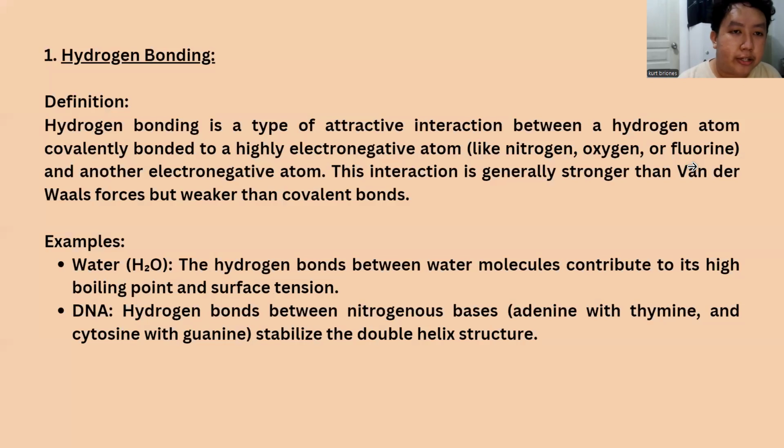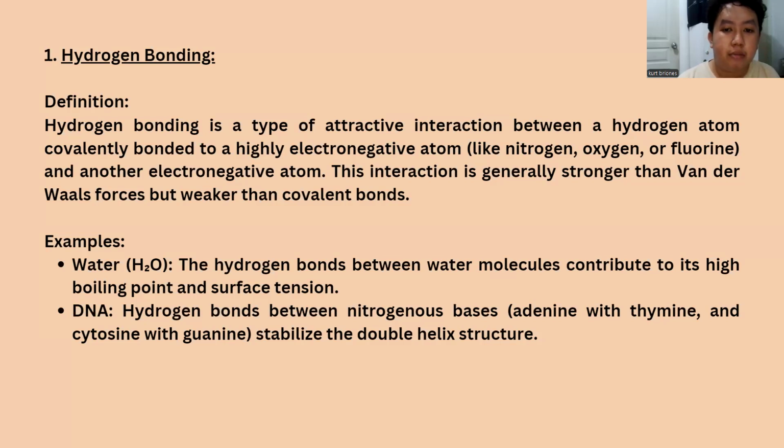So what is hydrogen bonding? Hydrogen bonding is a type of attractive interaction between a hydrogen atom covalently bonded to a highly electronegative atom like nitrogen, oxygen, and fluorine, and another electronegative atom. This interaction is generally stronger than van der Waals forces, but weaker than covalent bonds. An example is water.